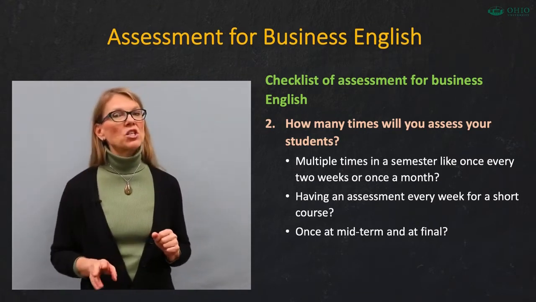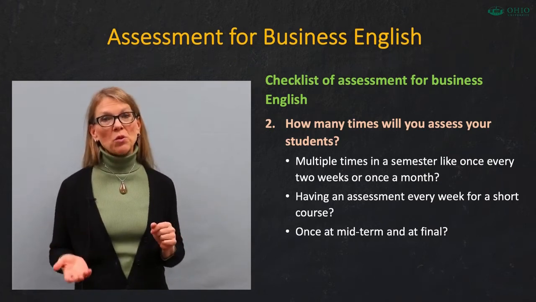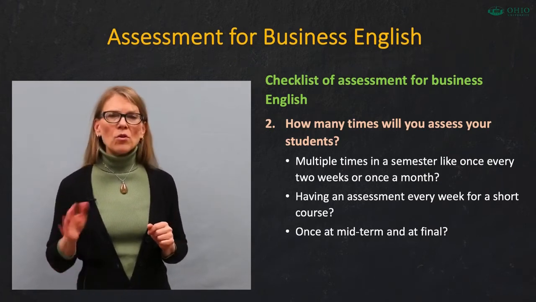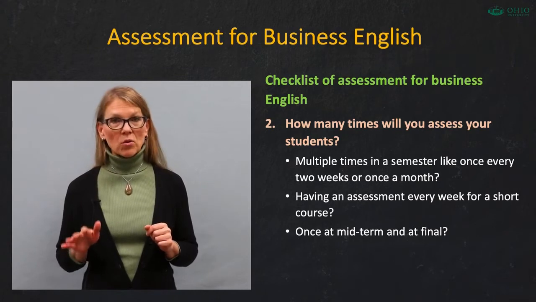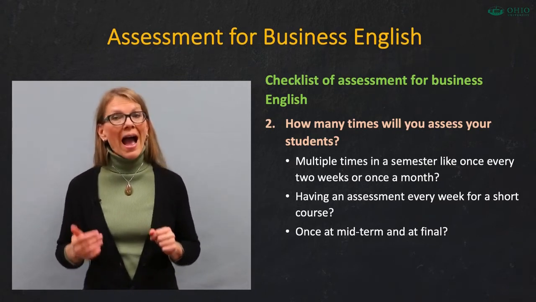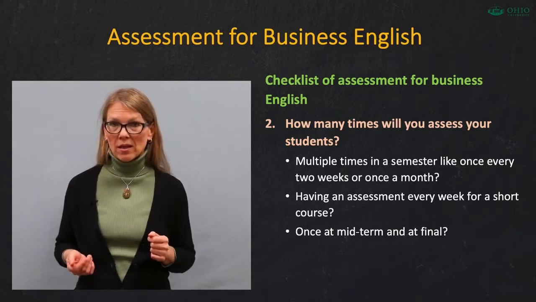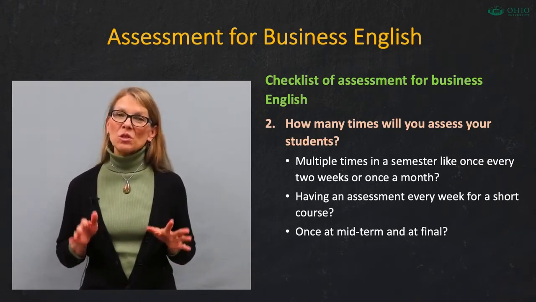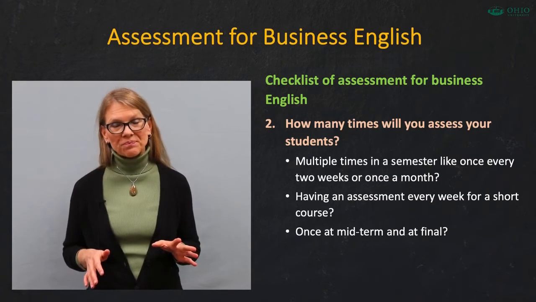The second question is, how many times will you assess your students? If you want to look at your students' progress more closely and modify your assessment tools according to how much progress your students make, then you can assess your students multiple times in a course.